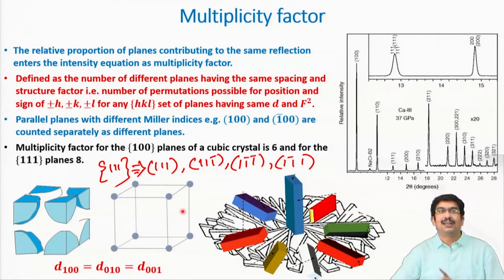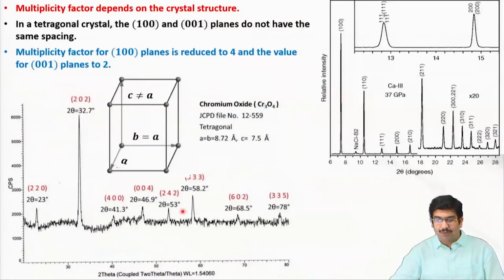Ultimately, the multiplicity factor for the 100 family of planes will be 6 for a cubic crystal, and for 111 type planes in a cubic crystal it will be 8. The intensity I get for the 111 plane should be multiplied by 8, whereas the final intensity from the 100 plane should be multiplied by 6. That is the multiplicity factor that goes here.